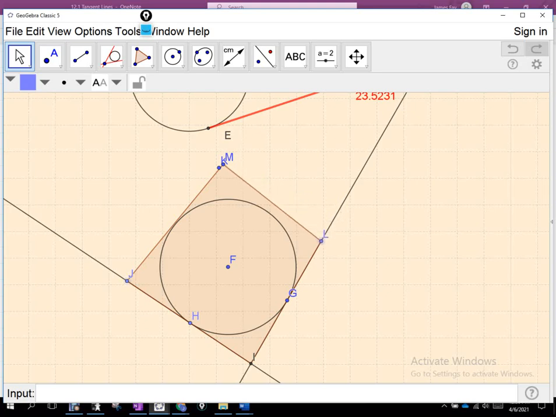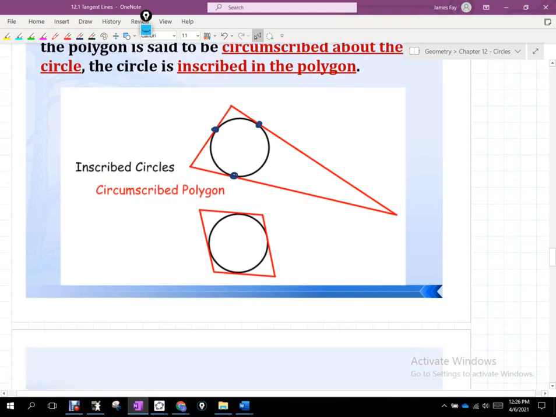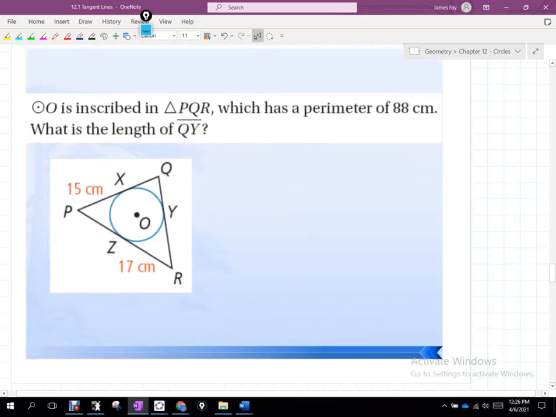But maybe once I do that, now they are. Does that make sense? So the conditions about being circumscribed or inscribed is not just being on the inside and not just being on the outside, but you've got to have tangency on all segments in order for those characteristics to exist. Okay.